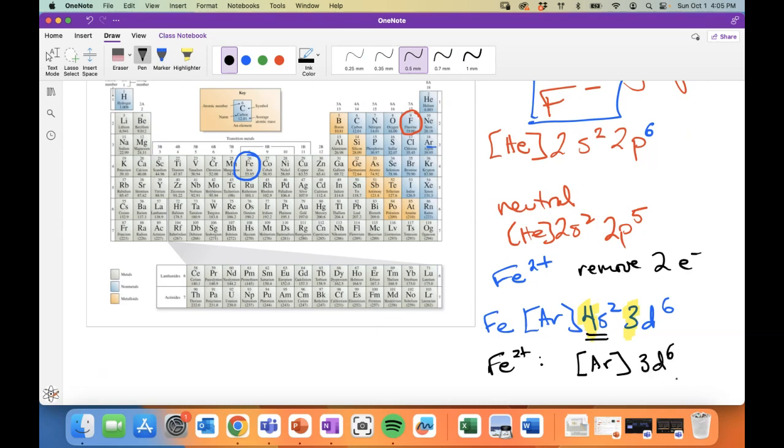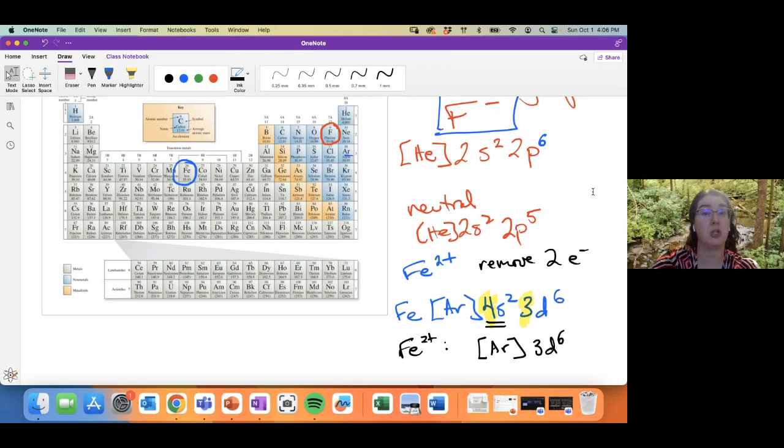So this is the one that usually people forget that we did, which is you don't just look at removing electrons from wherever you would have last put them in. We do actually remove them from the highest value of n. And do remember that some of these rules that may sound arbitrary when you hear them, really what we're doing is we're trying to give y'all sets of rules that reflect nature.